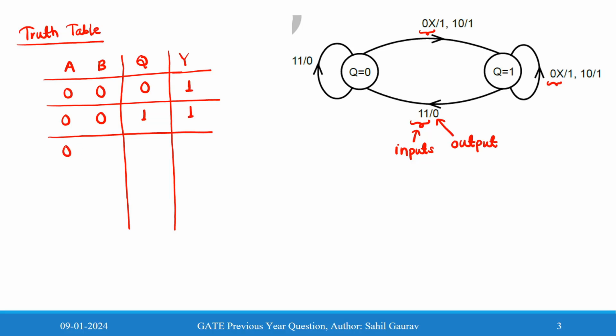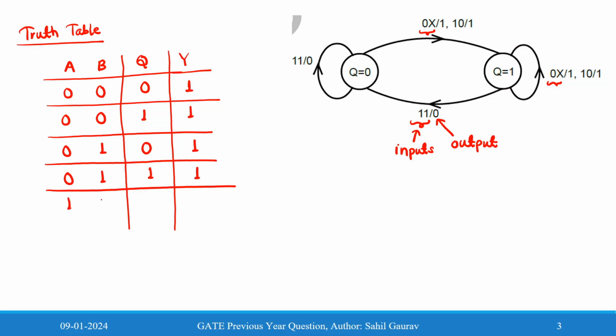Now we take input A as 0 and B as 1 and Q as 0. Here it denotes Q 0 and don't care condition. Whether you take 0 or 1, it moves from Q equal to 0 to Q equal to 1, so the output is 1. Next we take the same inputs with Q as 1. In that state it remains at the same position, so the output is 1.